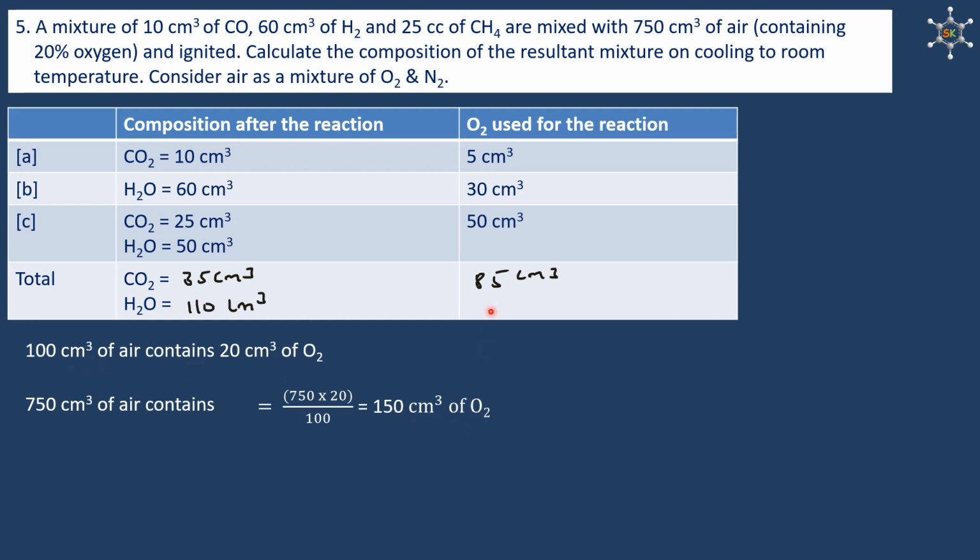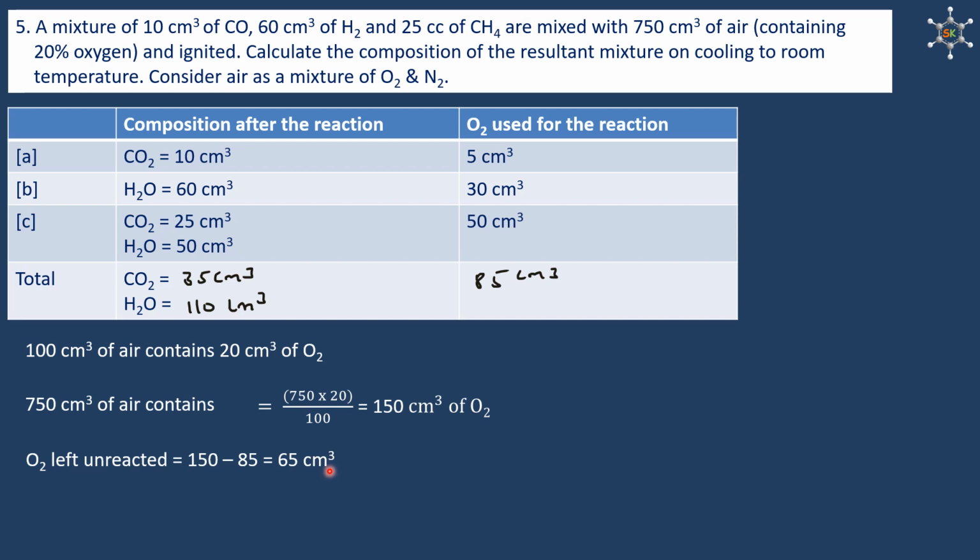Total oxygen consumed for the mixture is only 85 cm³. So, of the 150 cm³ of oxygen in 750 cm³ of air, only 85 cm³ will be consumed. After the reaction, 150 minus 85, that is 65 cm³ of oxygen remains unreacted.